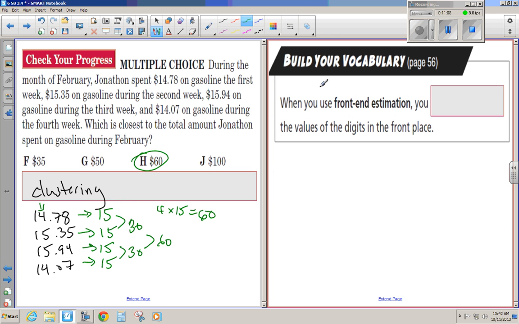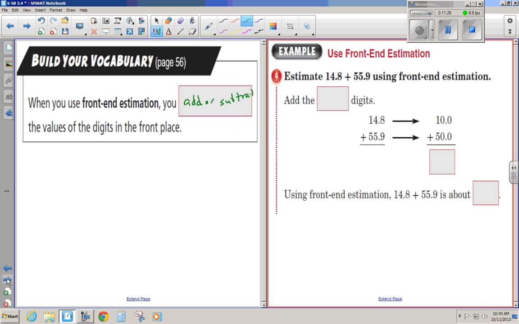When you use front-end estimation, you add or subtract the values of the digits in the front place. So front-end estimating, we are adding the tens digits.